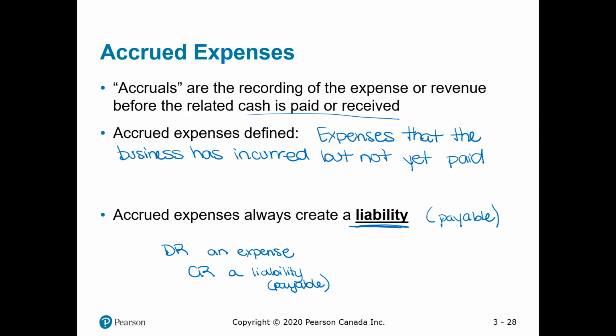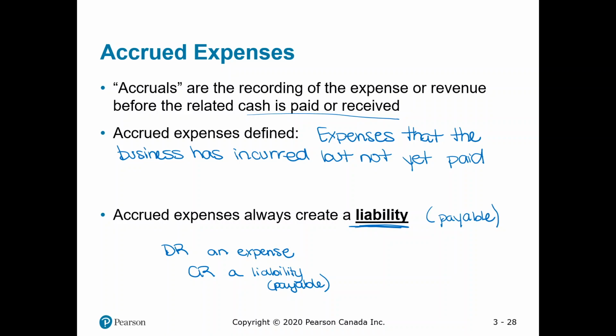Now we've seen some entries like this in chapter 2 when we were doing journal entries. The example maybe that we looked at, we received a bill for $800 to be paid later. In those ones, we debited whatever the expense was, whatever kind of bill it was, and we credited accounts payable.